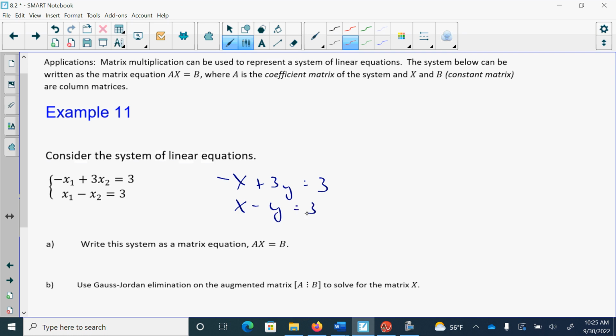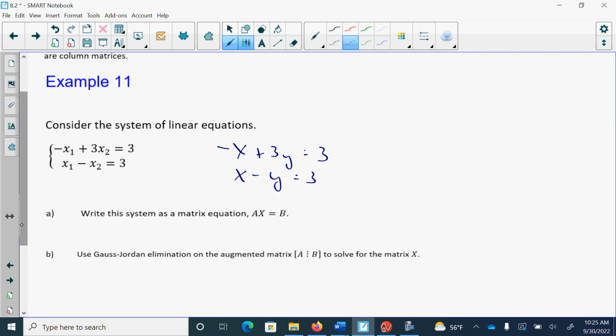I just replaced the subscripts with x and y. Does that make sense? If I put this into a matrix, this is -1, 3, 1, -1. That's my coefficient matrix.